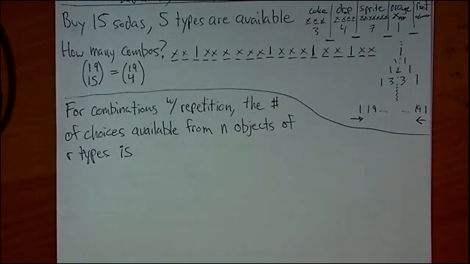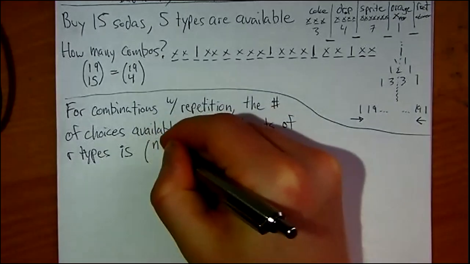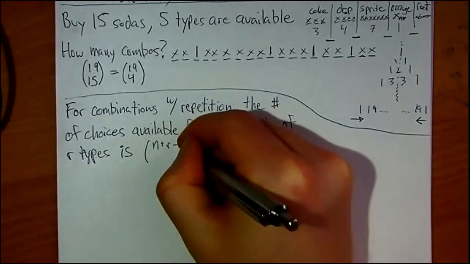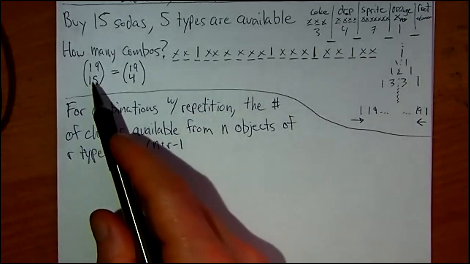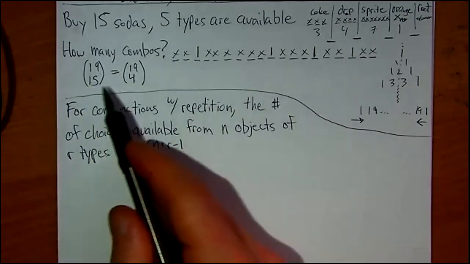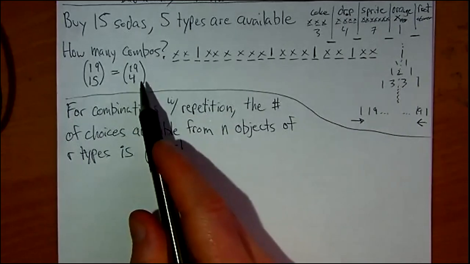Okay, so David, you're pretty close there. We've got N plus R minus 1, choose R minus 1, or choose N, either way, right? Because here we've got the N objects, which is 15, right? Or we could do choose R minus 1.